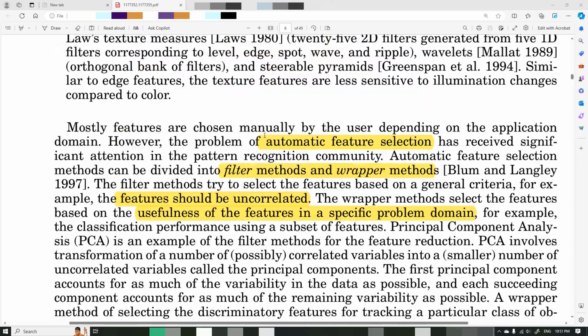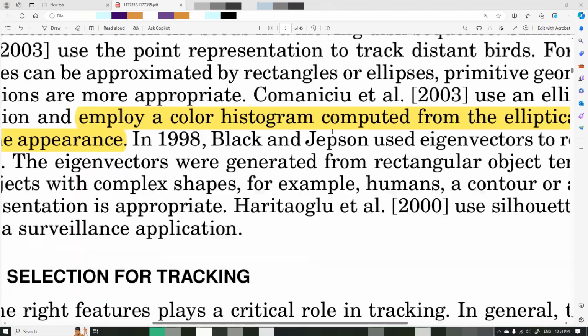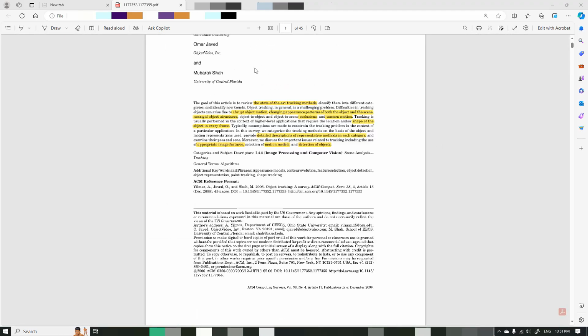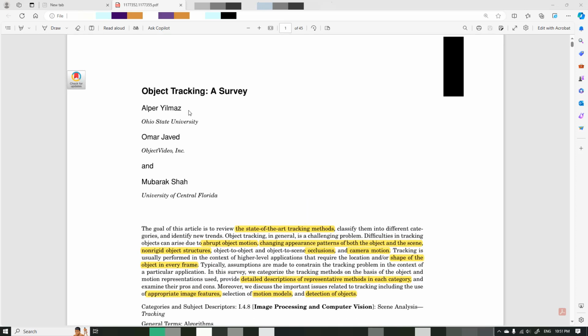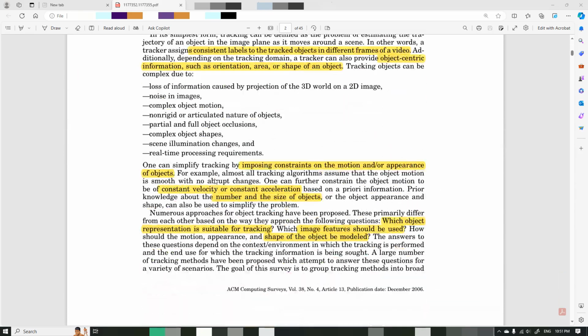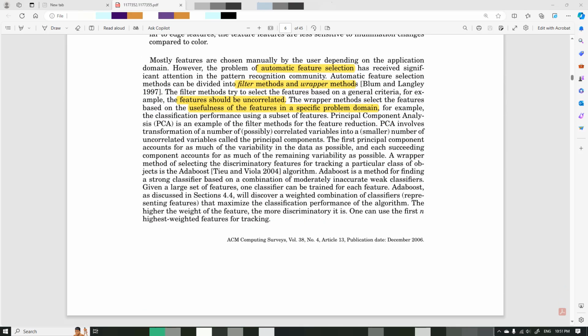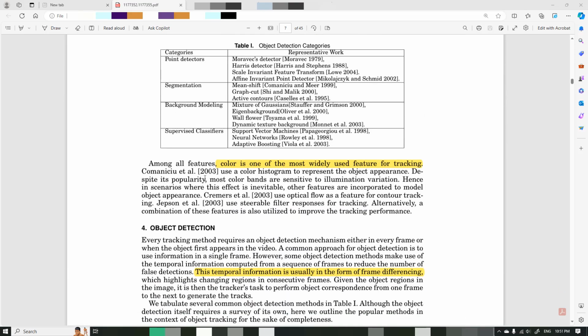Okay, so I was reading this research paper on object tracking by Alper Yilmaz, Omar Javed, and Mubarak Shah. I was reading the point detector section and thinking about it.